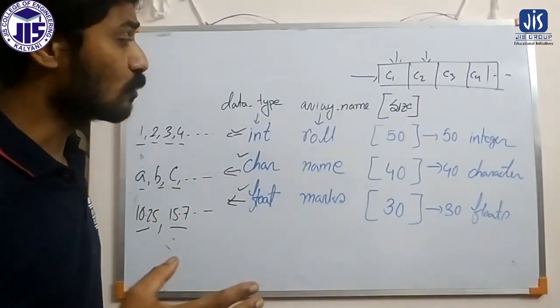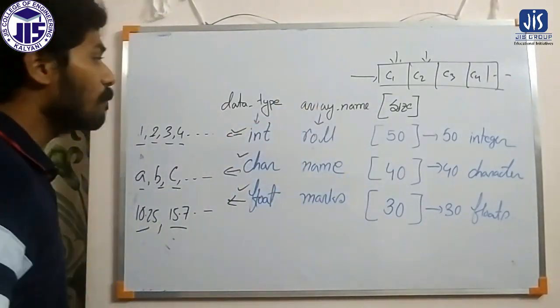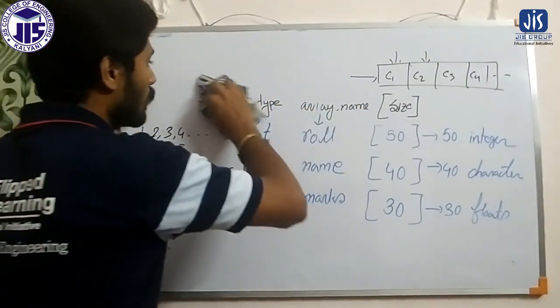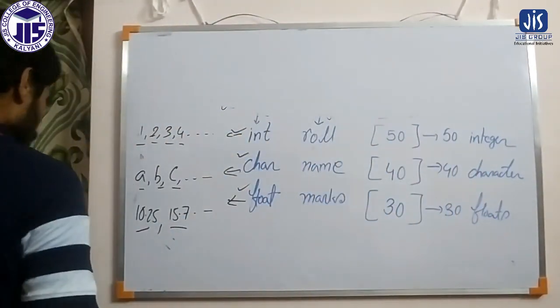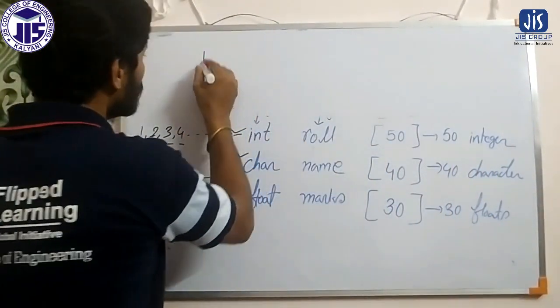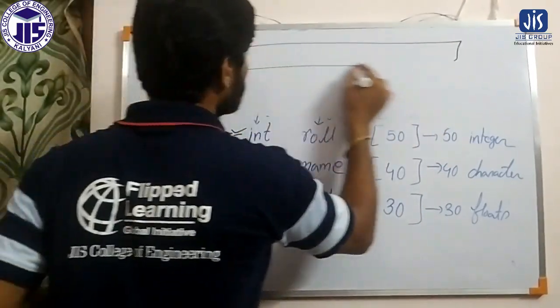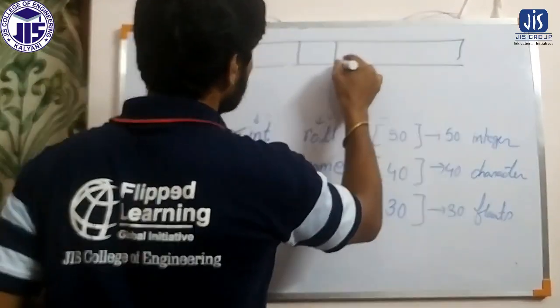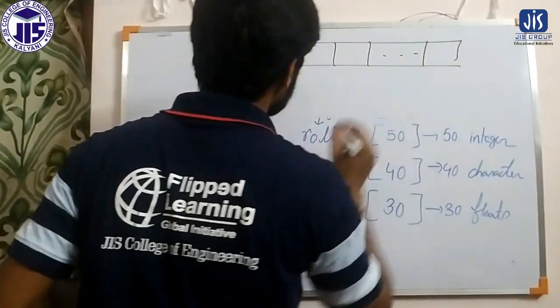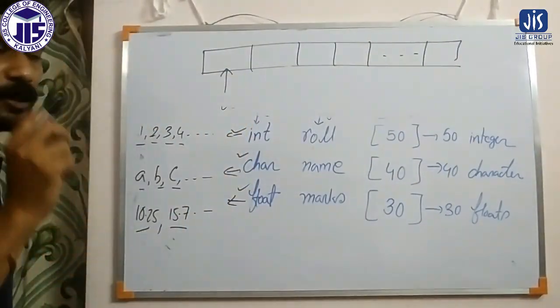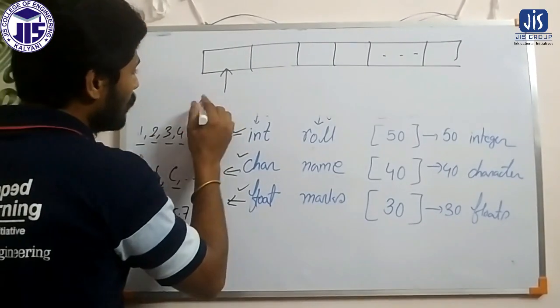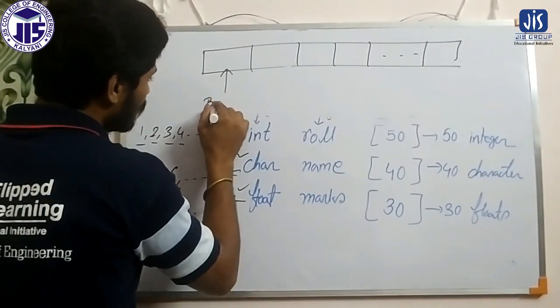Now the memory allocation. For these three arrays, how will the memory be allocated? As I have already said, the memory allocation will be continuous. If it is a one dimensional array, this is the first element of the array, and the address of this element is called the base address.